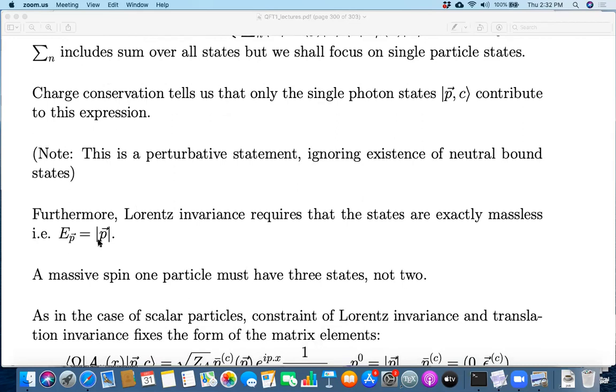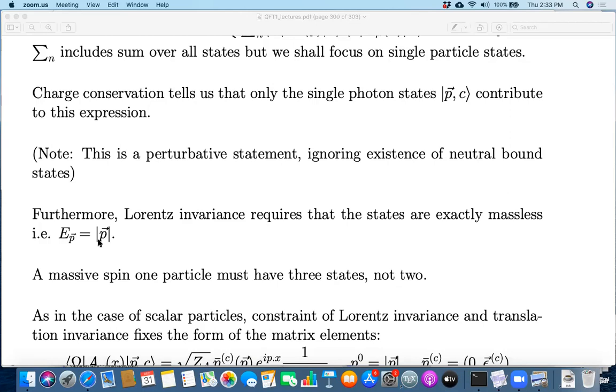One simple way to argue this is to note that we have seen that the photons carry spin 1. If you construct the angular momentum, the conserved charge corresponding to the angular momentum, and apply it on the photon states, you will find that the eigenvalues are plus minus 1. The allowed spin components along the momentum and opposite to the momentum are plus or minus 1.